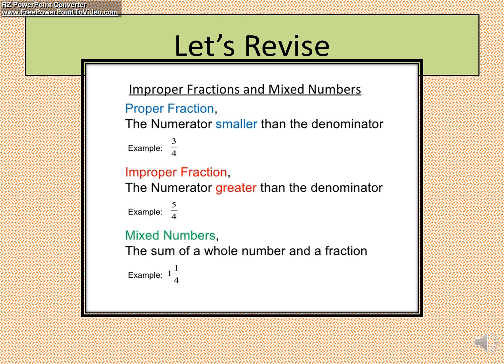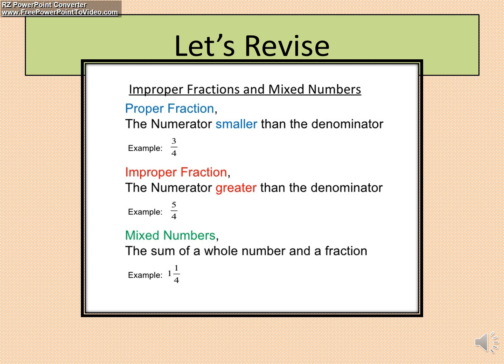The fraction in which the numerator is smaller than the denominator is called a proper fraction. Examples are 3 upon 4, 7 upon 9.